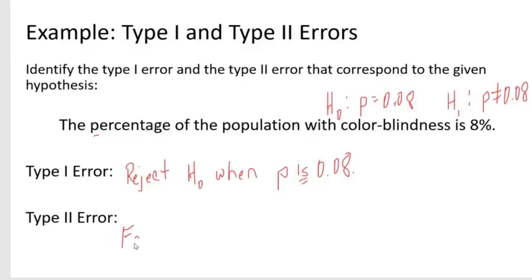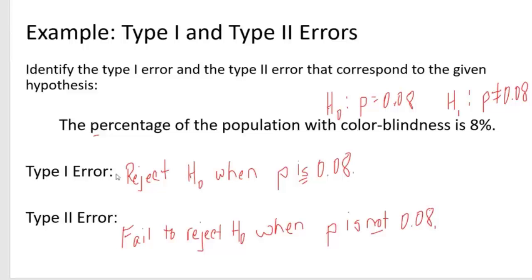A type 2 error would be to fail to reject it when p is not actually that. So rejecting it when it is true is type 1. Failing to reject it when it's not true is type 2.